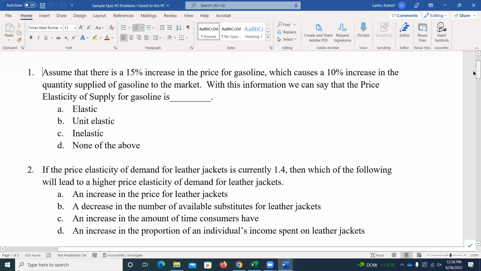It's not elastic. The only way it'd be elastic is if it was greater than 1. 0.833 is less than 1. So we actually have inelastic supply and demand. Any questions on that? Any confusion that needs clarifying?